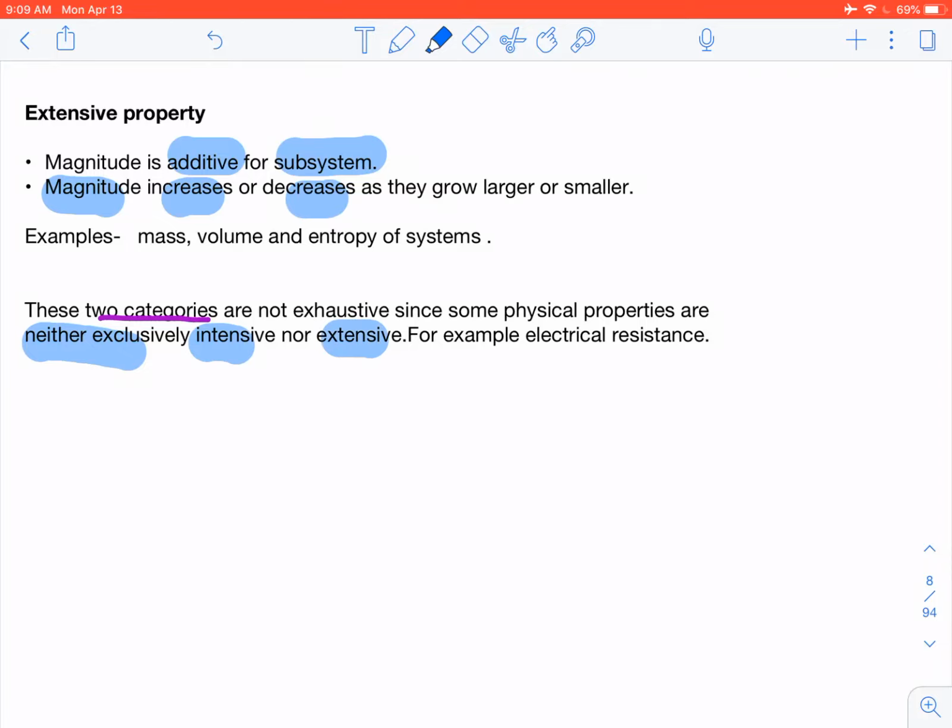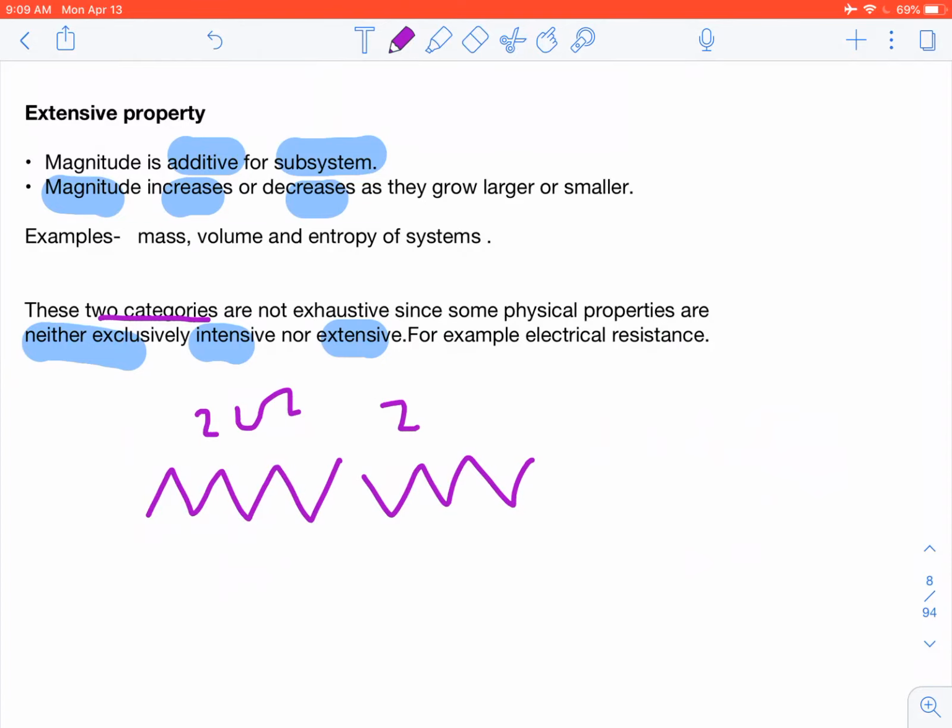Let's take, for instance, electrical resistance. If I have a resistor with a certain resistance, which could be 2 ohms, and I connect it to another one with the same resistance, 2 ohms, then we know the total resistance is 4 ohms.